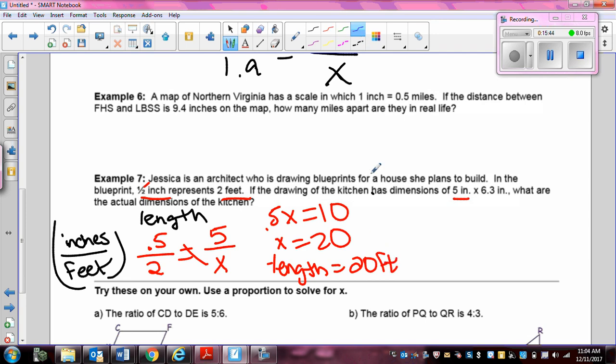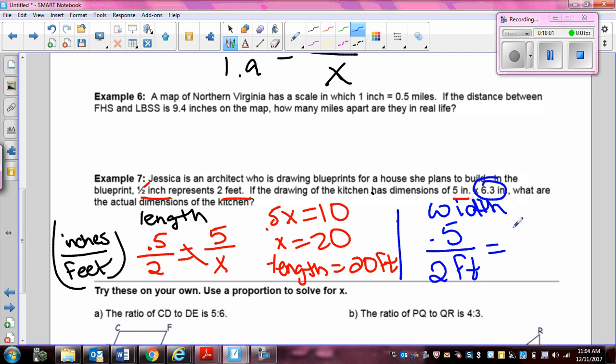All right, let's do the same thing for my width. Our conversion is still 0.5 inches per 2 feet. And my width in this case is 6.3. So my inches on the paper is 6.3 over, I don't really know how big it's going to be. We're going to cross multiply. It's going to be 0.5x equals 2 times 6.3.